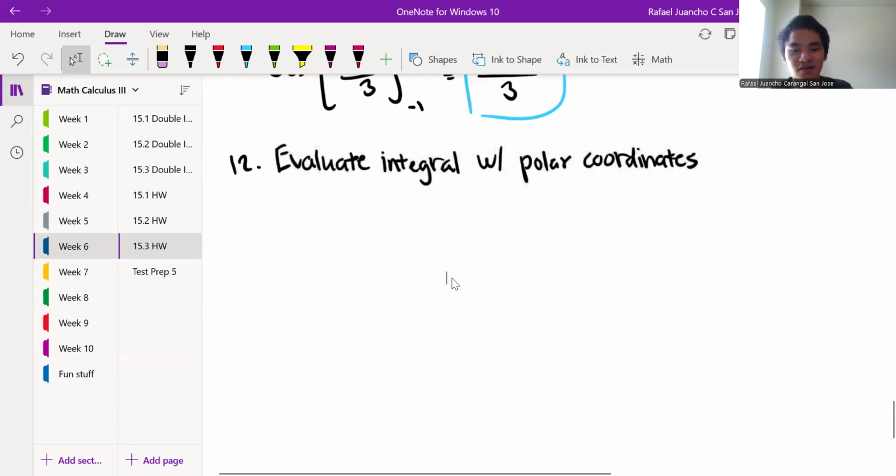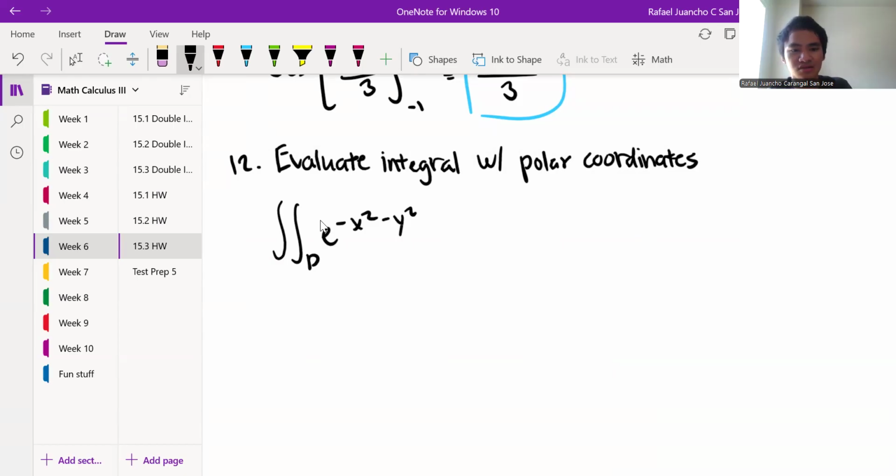So again, evaluating the integral with polars, here we get e to the negative x squared minus y squared dA. And then D is the region bounded by a semicircle.